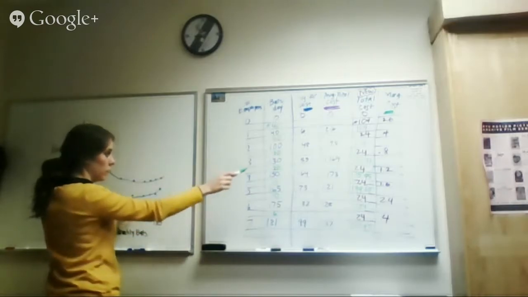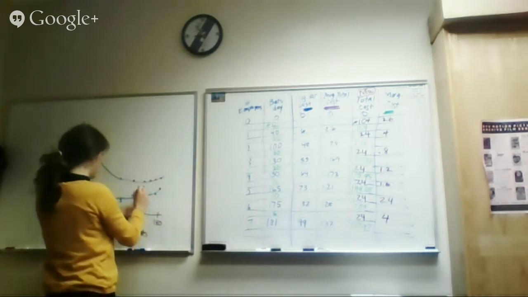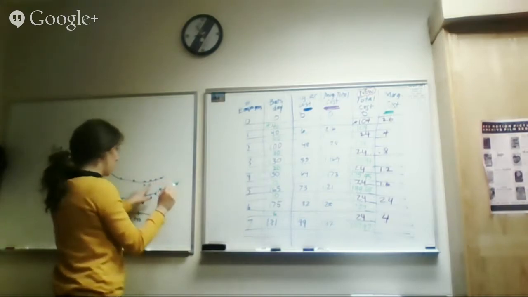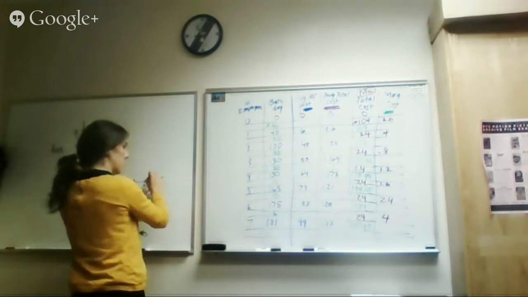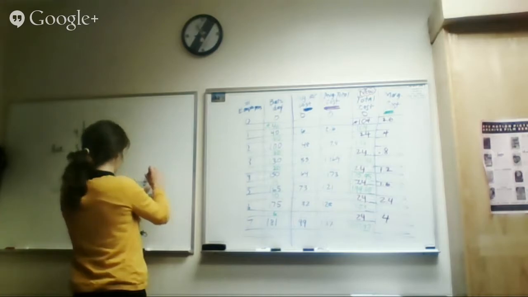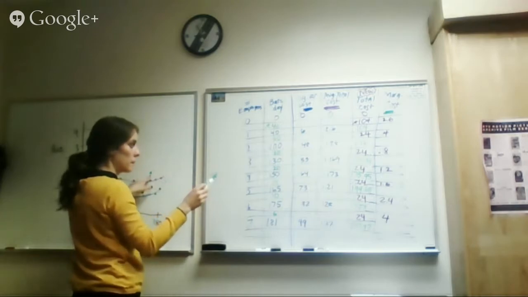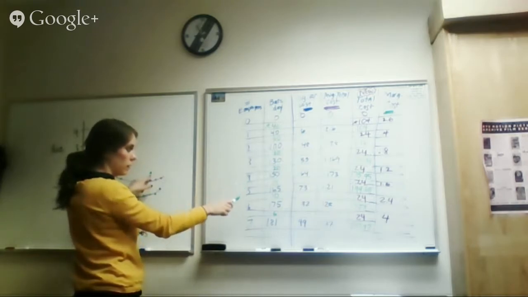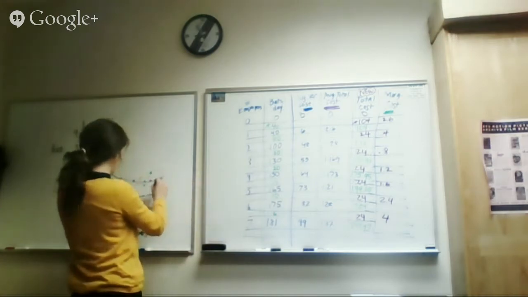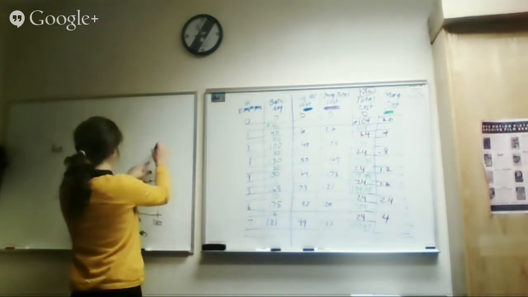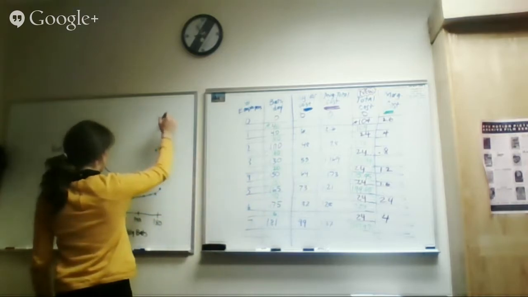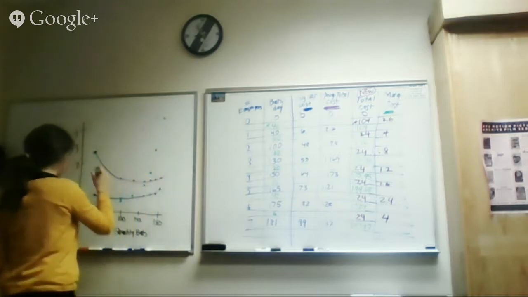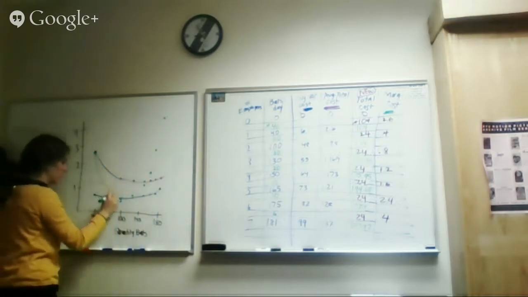At 150, it goes to 1.2. At 165, it goes to 1.6. At 175, it goes to 2.4. And then at 181, it shoots all the way up to 4. So this is our marginal cost curve, something like this.